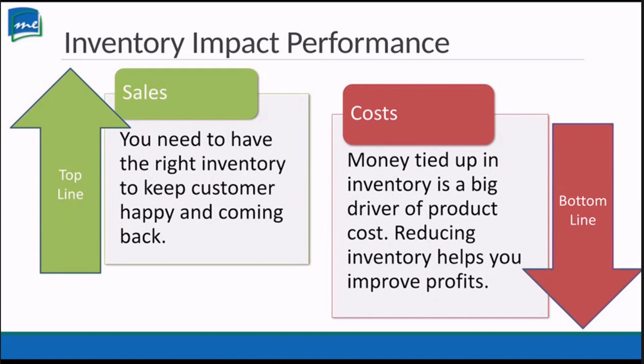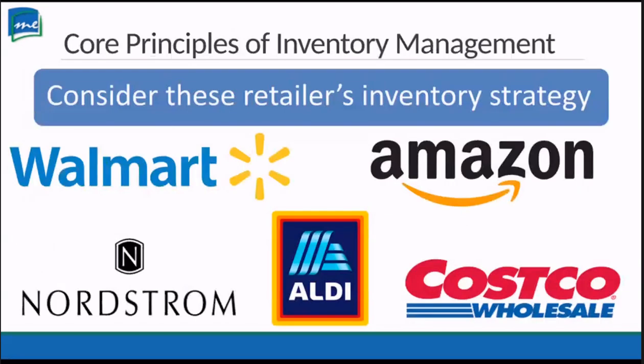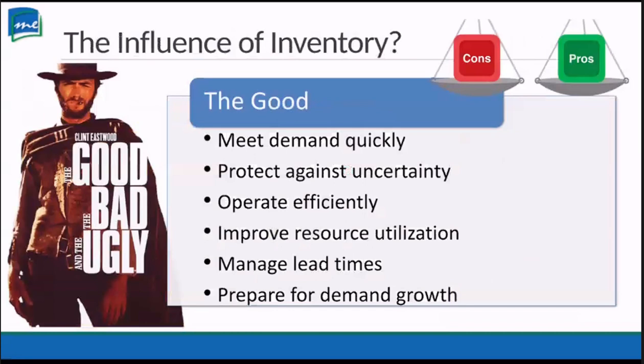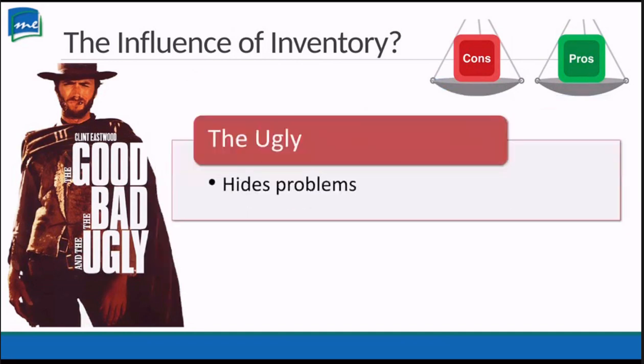It mentions the performance impacts of inventory and introduces the different inventory management types several famous companies have, and what kinds of inventory management strategies they use to operate their business. It also covers the trade-offs of inventory: the good, the bad, and the ugly aspects, such as why we want to keep small inventories and why we want to keep large inventories.